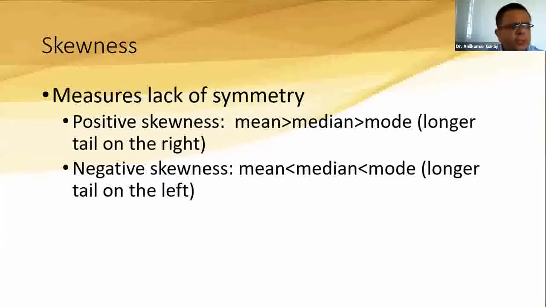So if the mean was, let's say, something like 70% and the median of course is 50 and mode would be a little bit lower, then there is no symmetry. So if you want to describe symmetry, then you need to know skewness.